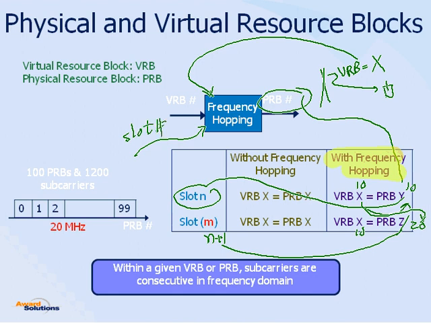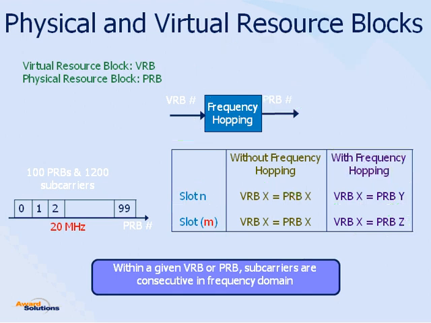So this is just one example. And if you are interested in more details, you can look at the standard and you will get a quite well outlined mechanism of calculating the physical block number based on some virtual block number. So let's summarize.